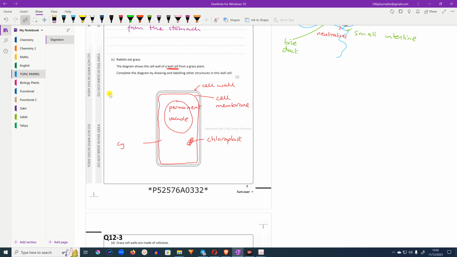You always have cytoplasm in there. You've got ribosomes, and you've got mitochondria. Okay, there you go.